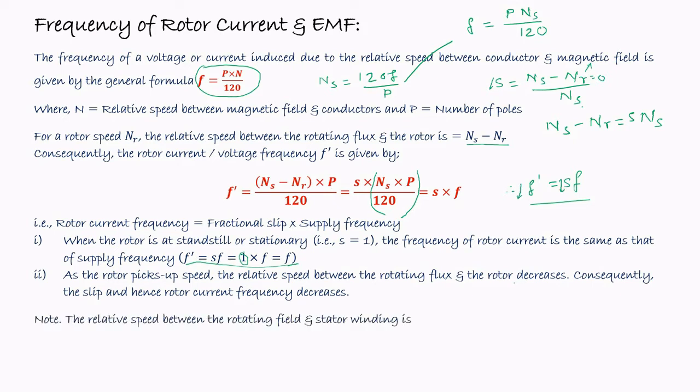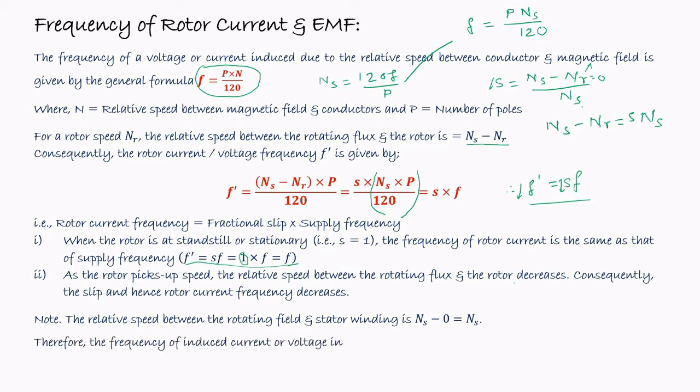Here we have to note that the relative speed between the rotating field and the stator winding is equal to Ns minus 0. As the rotating magnetic field cuts the stator conductors also, an EMF will be induced in the stator winding also. But here the relative speed between the rotating magnetic field and the stator winding is equal to Ns.